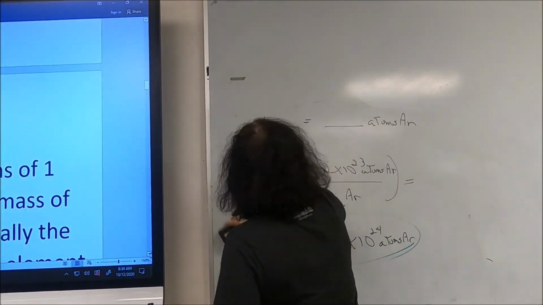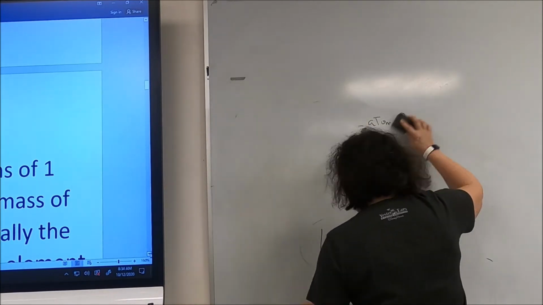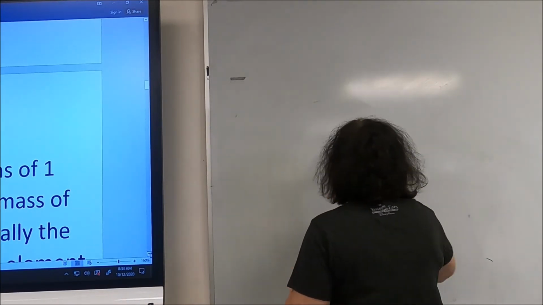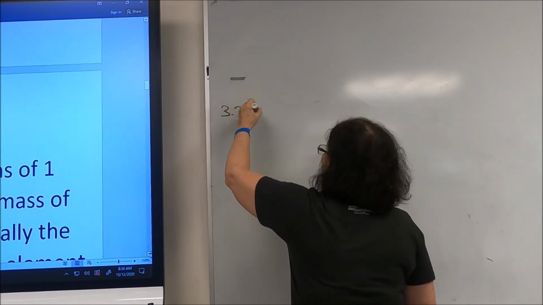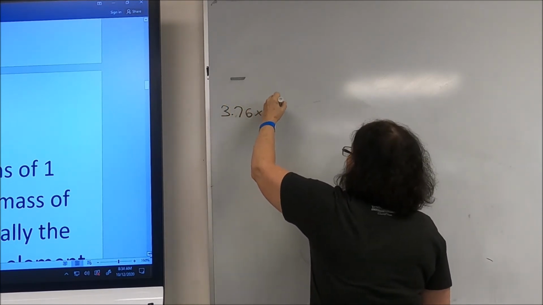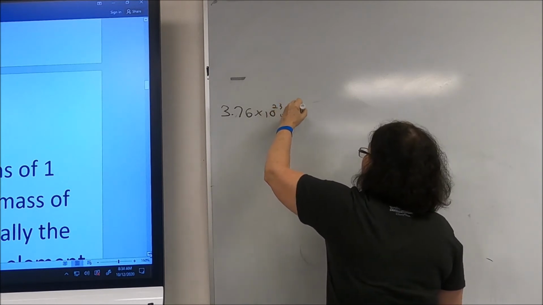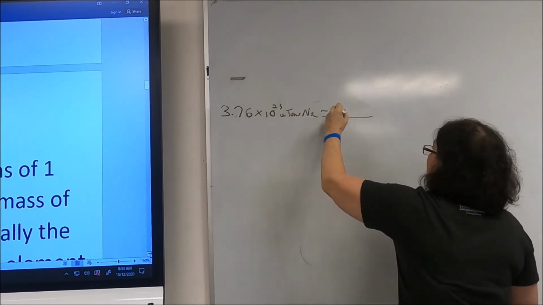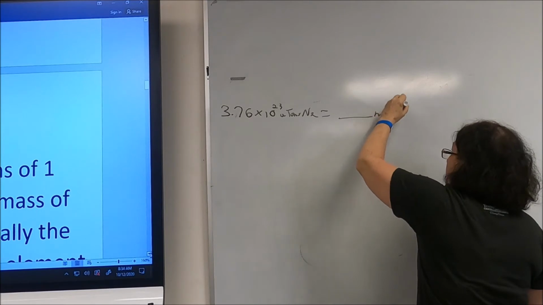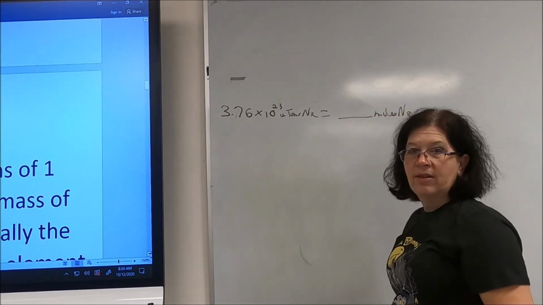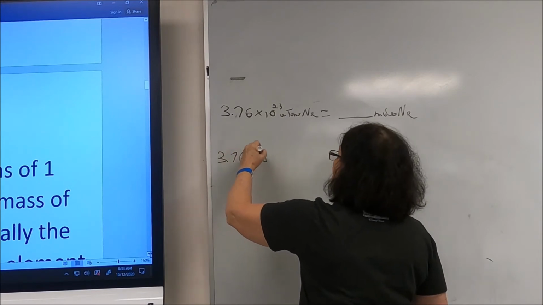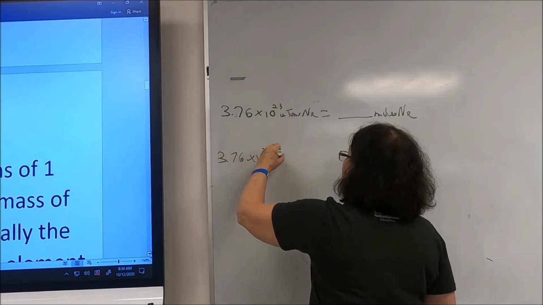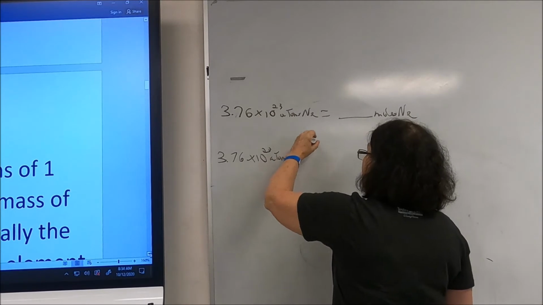So let's say that we had 3.76 times 10 to the 23 atoms of neon, and I wanted to know how many moles of neon that was.